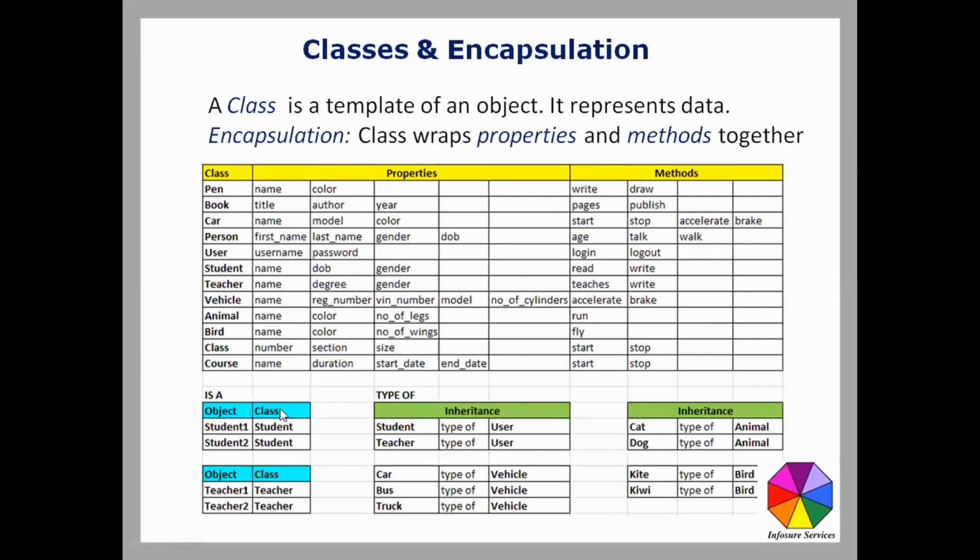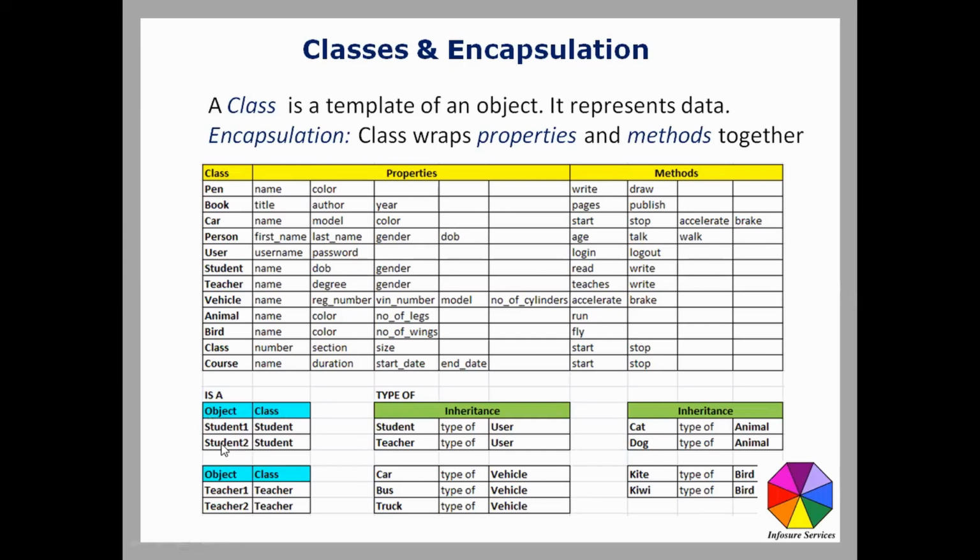Now, the relationship between the class and an object. Let's take one example, student. Student one is an object. So the relationship between the object and its class is: student one is a student.